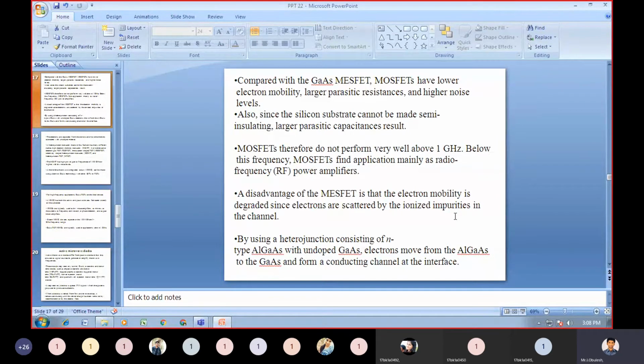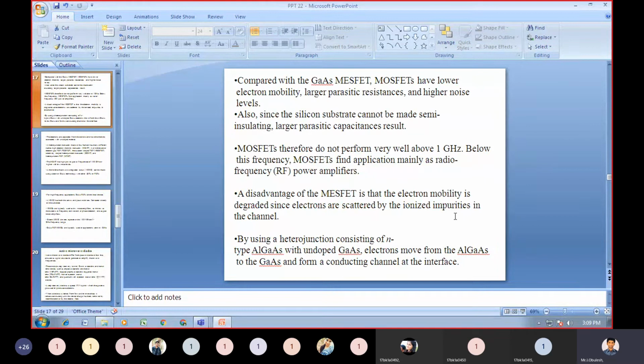And also, since the silicon substrate can be made semi-insulating, larger parasitic capacitance results. The MOSFETs therefore do not perform very well above 1 GHz. Below this frequency, the MOSFETs find application mainly as radio frequency power amplifiers.